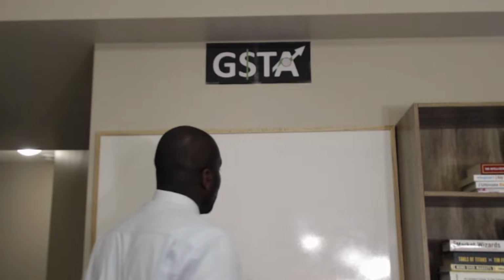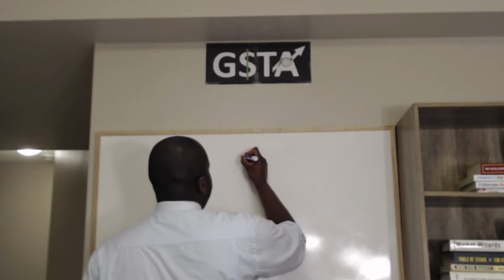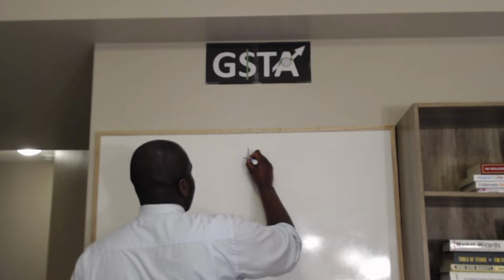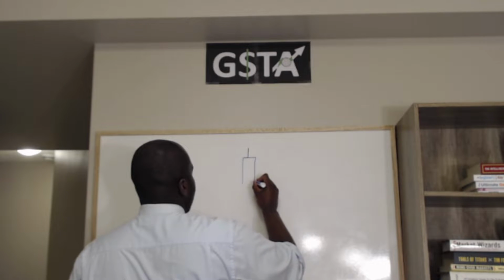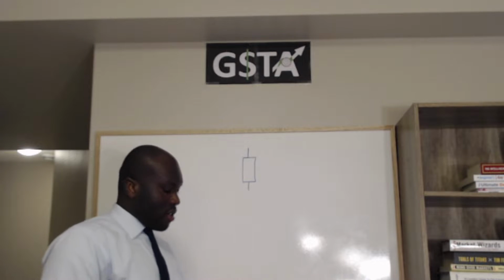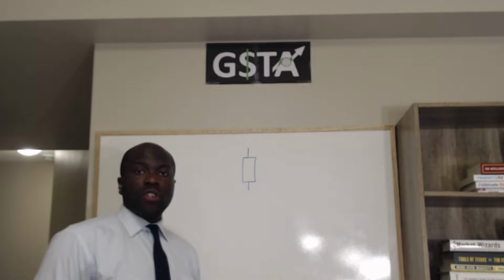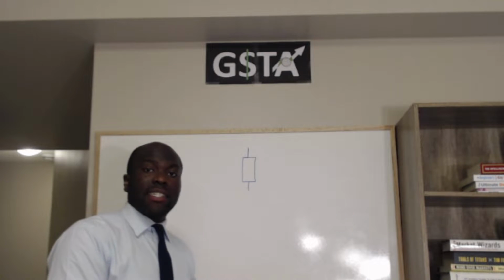Okay, so basically you used to see a graphic representation as something like that. Actually this is a bullish candle that you used to see when you're trading. It is a Japanese candlestick.